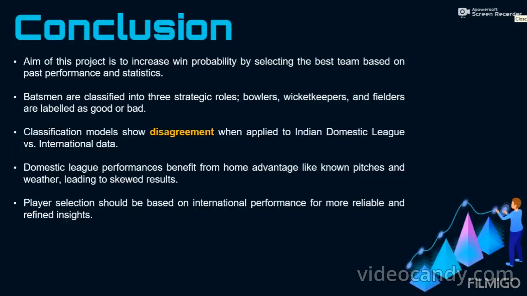To conclude, our project demonstrates the potential of machine learning in enhancing player evaluation and team selection in cricket. By extracting player statistics, applying classification algorithms, and introducing a consistency metric, we build a system that can assist selectors in making objective, data-driven decisions.